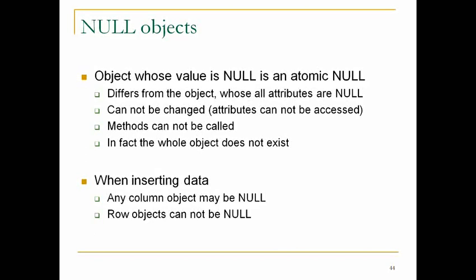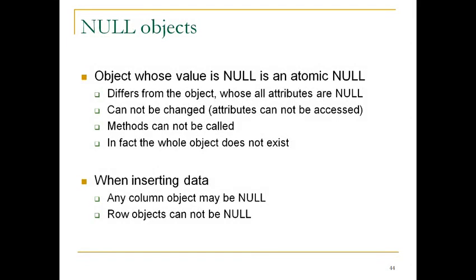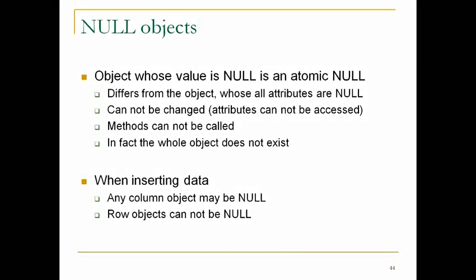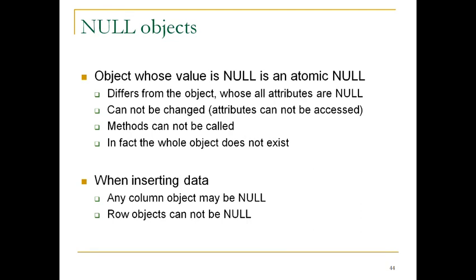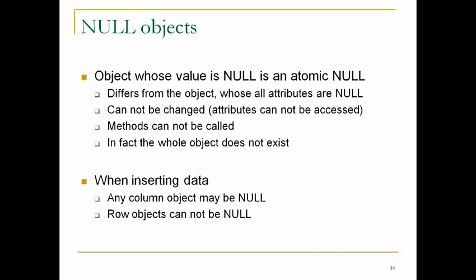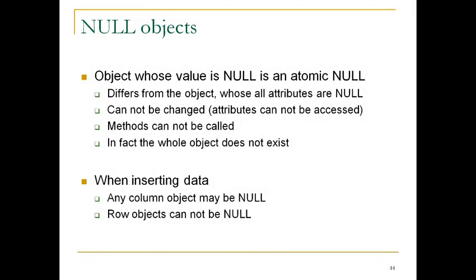If you have a table like this, and for example, this one is the object column, then you can have a meaningful record by writing something here and leaving it blank. But if your only column is this object, and you're leaving it blank, then you don't have the whole record, and the empty thing is not meaningful, so it's not allowed.